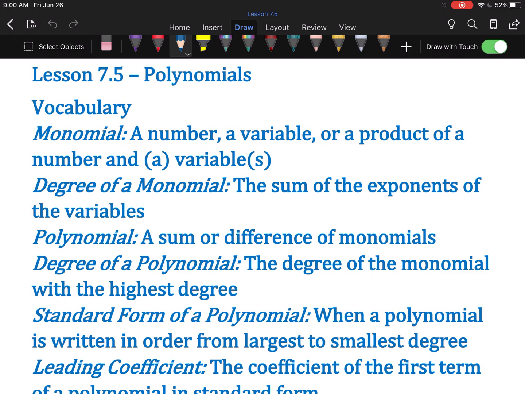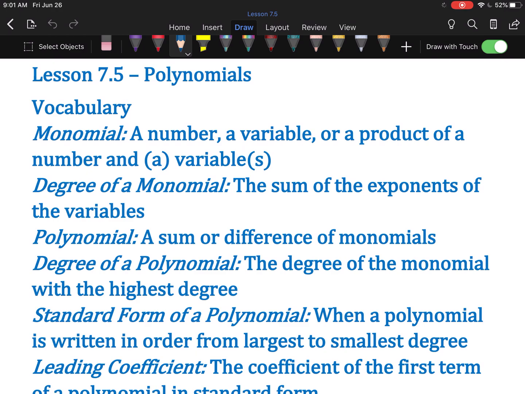So, Chapter 7, Lesson 5, Polynomials. If we happen to get to Chapter 13 of Pre-Algebra, this will be review. So, a monomial is a number, a variable, or a product of a number and variables.